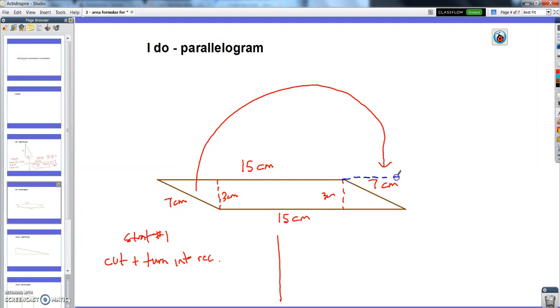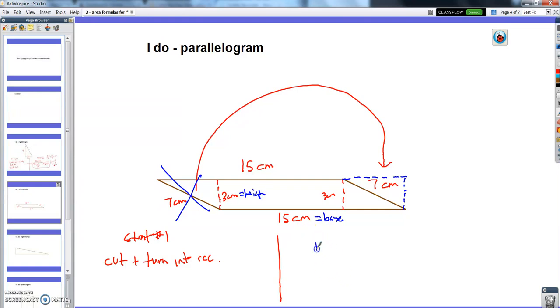Go blue. So I move that piece over here. I have all the exact same area, but instead of a parallelogram, now I have a rectangle that is 3 by 15. So now I can look at this and say, well, the area here is 15, which is the base, times 3, which is the height.